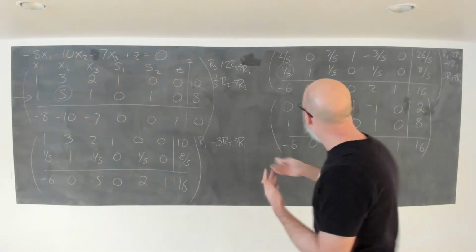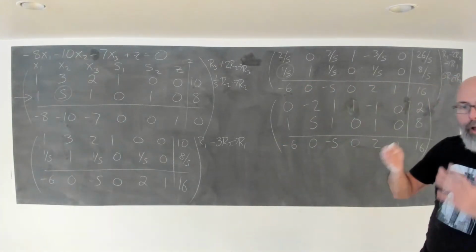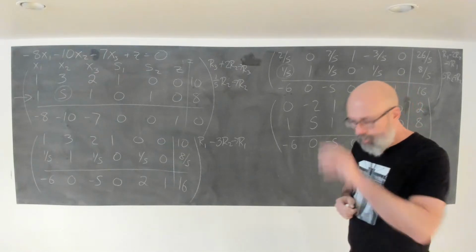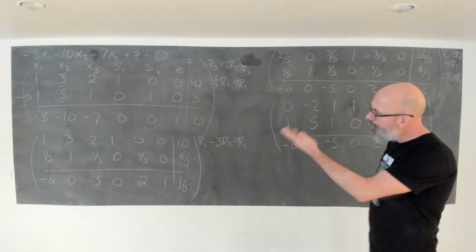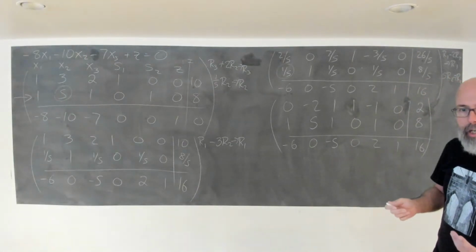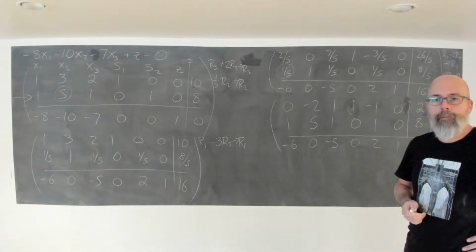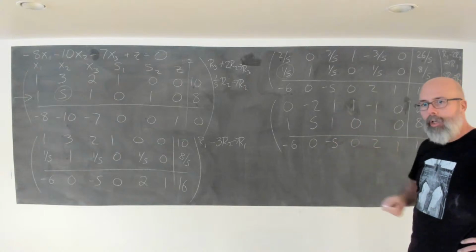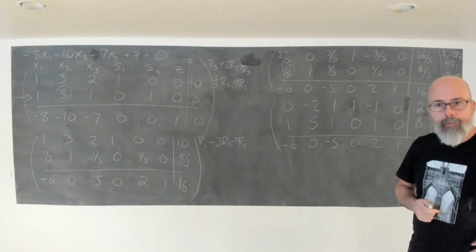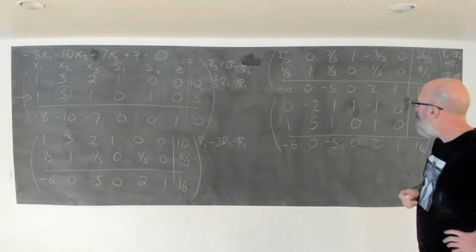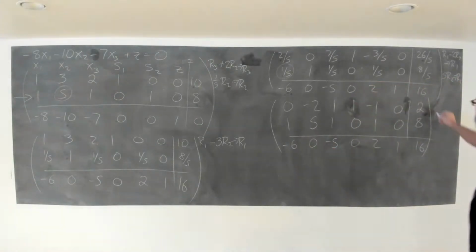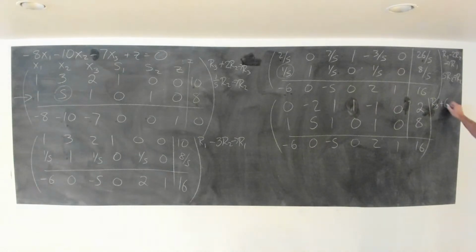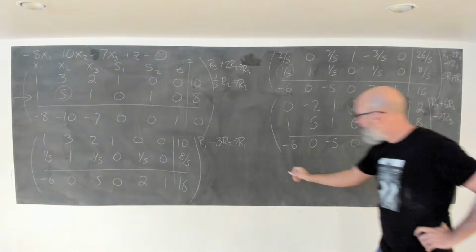We concentrated on the 10x2, trying to maximize the x2, but then quickly noticed that this wasn't leading us to the right answer. So we changed our minds. This is our pivot. Let's finish that operation. Row 3 plus 6 row 2 for row 3.